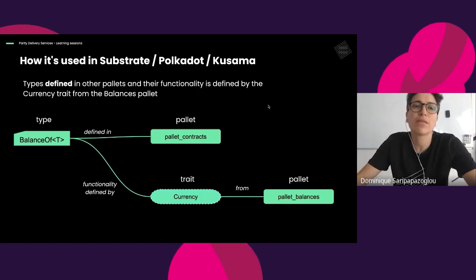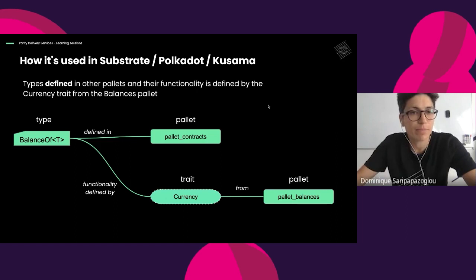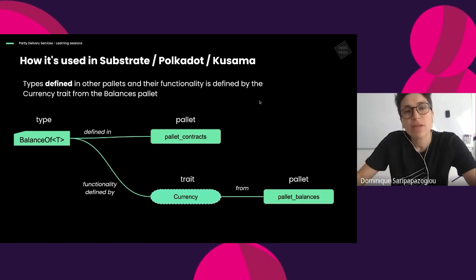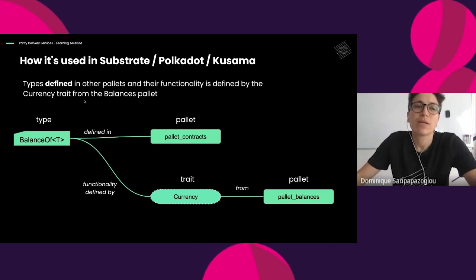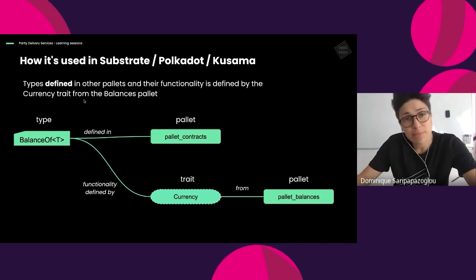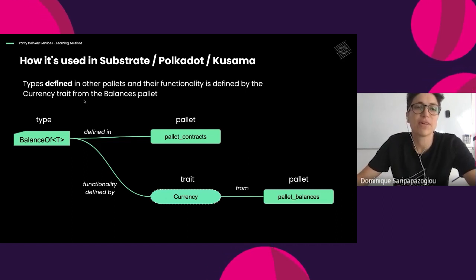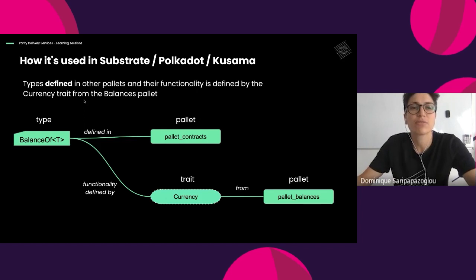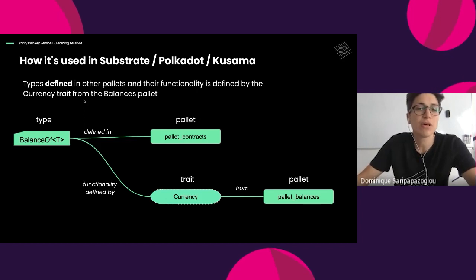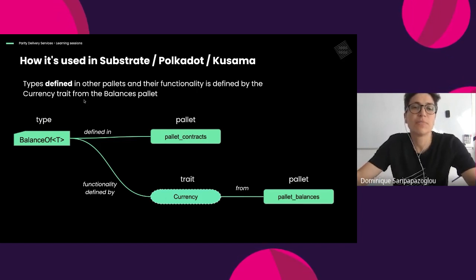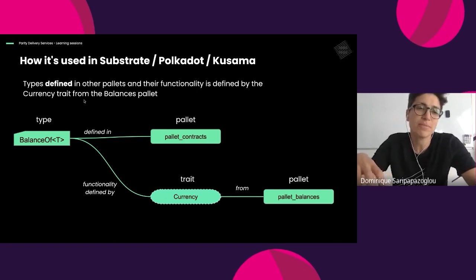Another way that other pallets are using the balances pallet is when they define types, but their functionality is defined in the currency trait from the balance pallet. This is very similar to the first example of the dependency of the balance pallet with frame system.